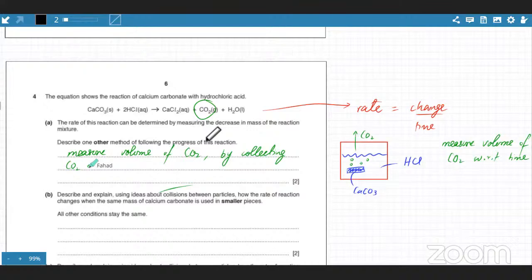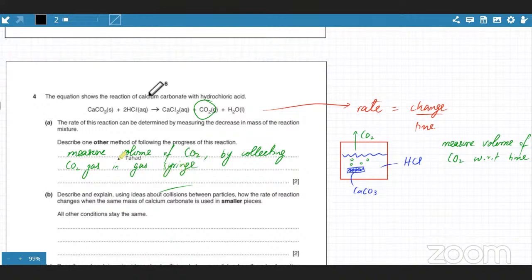Describe another method: plot a graph. I'm not sure if this is required. Maybe I'm going into a bit more detail. Just hold on one minute. My board just hung up. Let me rewrite this. So measure volume of CO2 by collecting CO2 gas in a gas syringe.